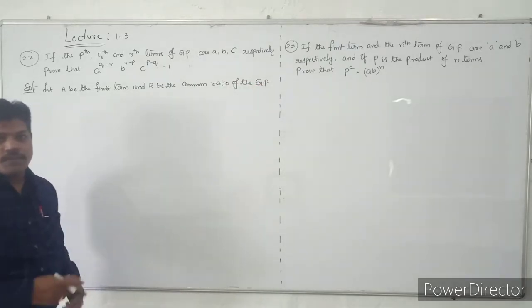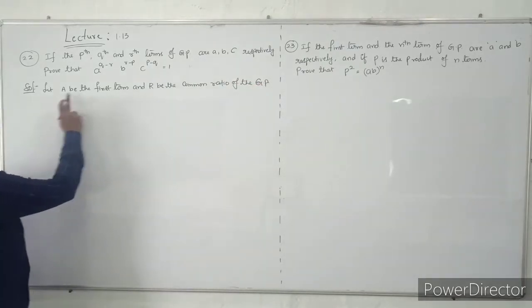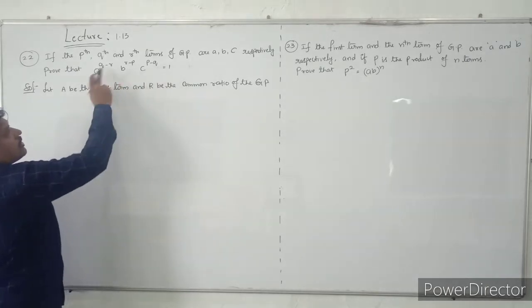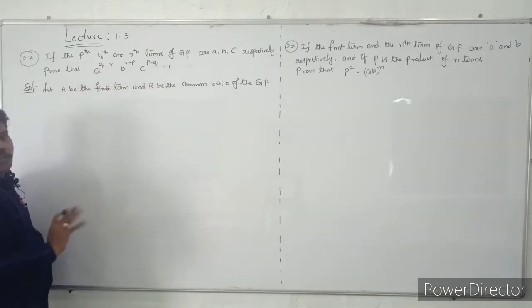Generally we take small a and small r, but here I am taking capital A and capital R, because small a and small r are already given in the question, so that there is no confusion.